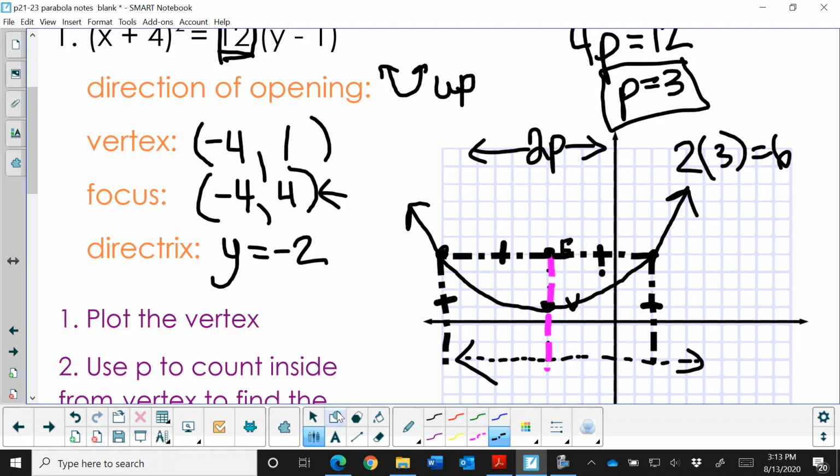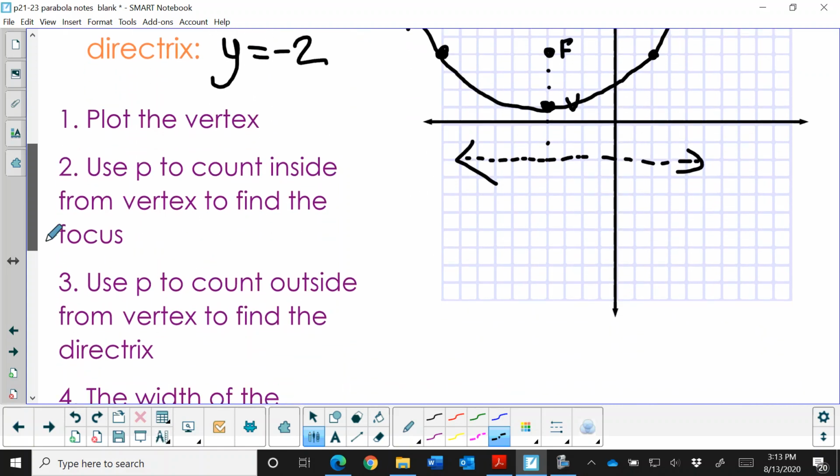Now, those last few lines I drew showing you the equidistant part, those are not necessary. This is what you're going to graph when you're graphing a parabola. You're going to graph the vertex, the focus, the directrix, and then you're going to count 2p to the left and 2p to the right to draw how wide the parabola is.